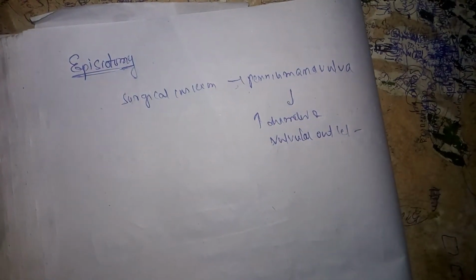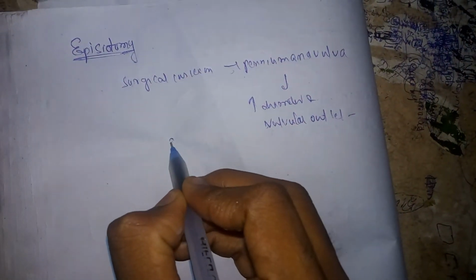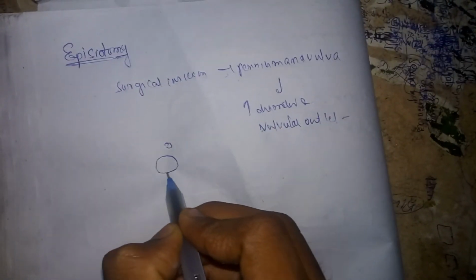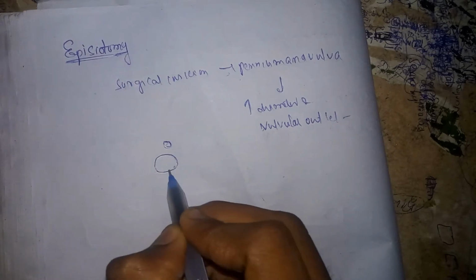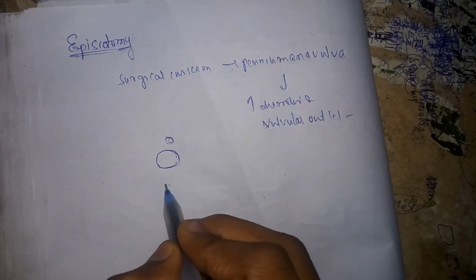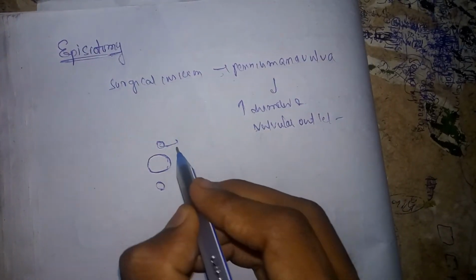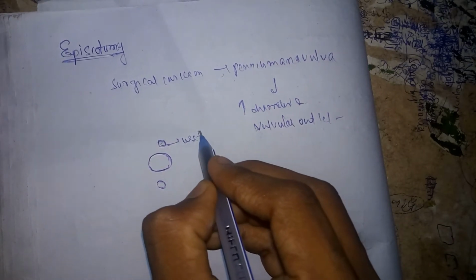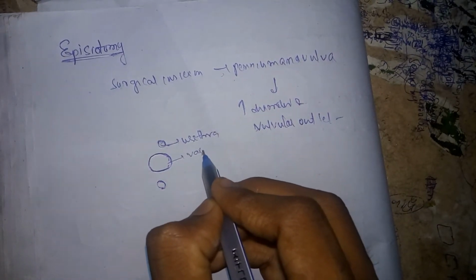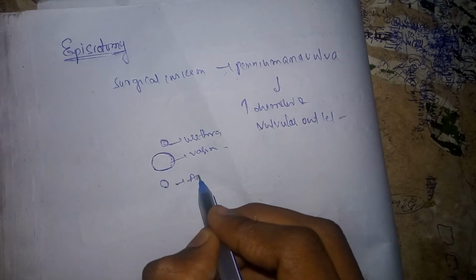I'll explain it very clearly. All of us know this is the urethra, this is the vagina, and this is the anus.